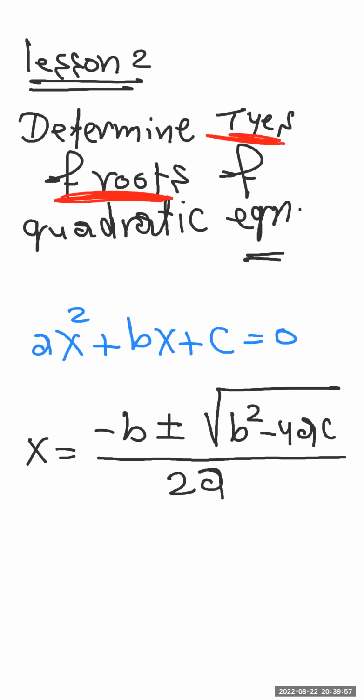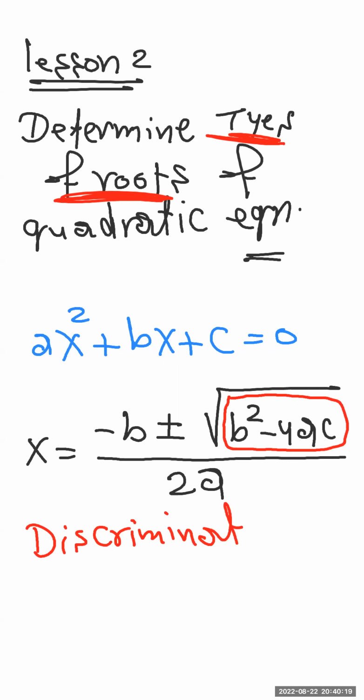It's from the discriminant. Actually, from the general formula, it's this part, b squared minus 4ac. This part is the discriminant. So, discriminant equal b squared minus 4ac.